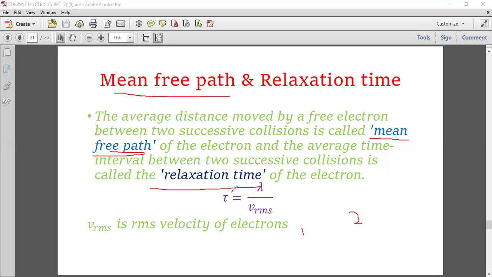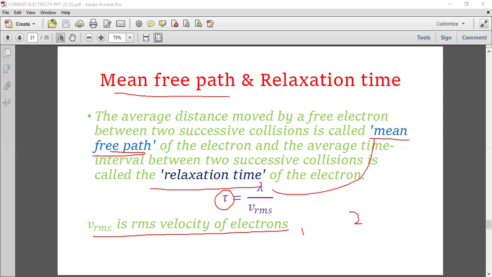And this relaxation time is represented by the symbol tau. Mean free path is represented by the symbol lambda. So what will be tau? Tau equals lambda upon VRMS, where VRMS is the RMS velocity of free electrons.